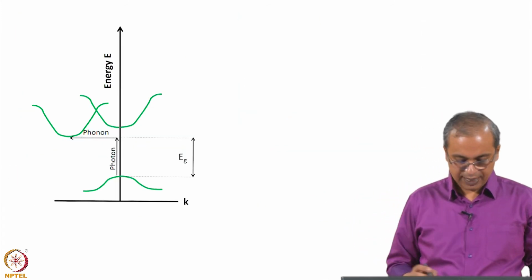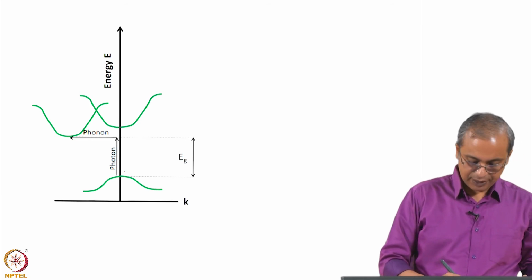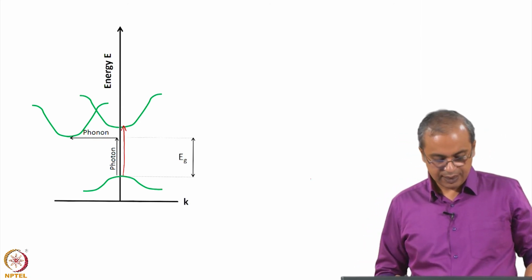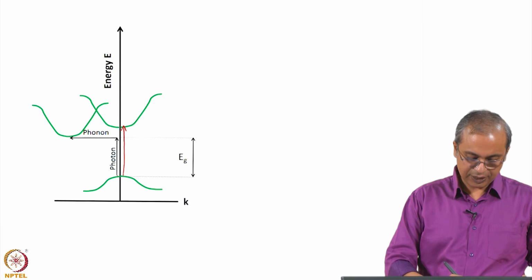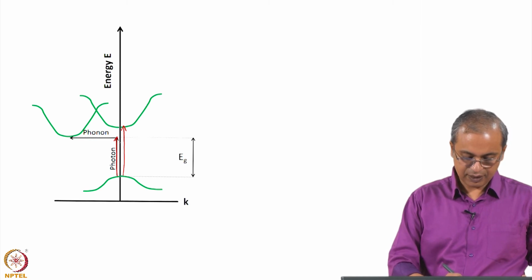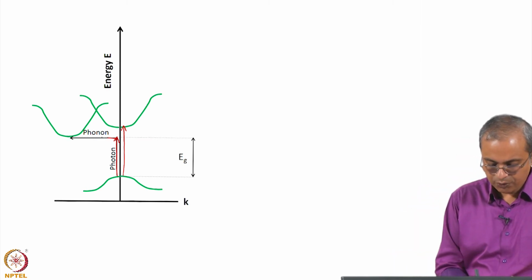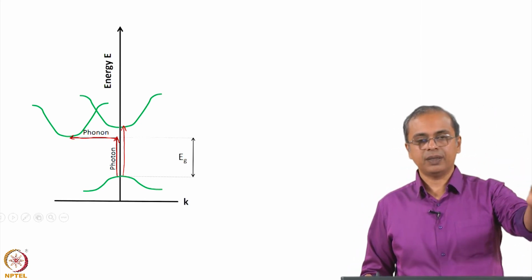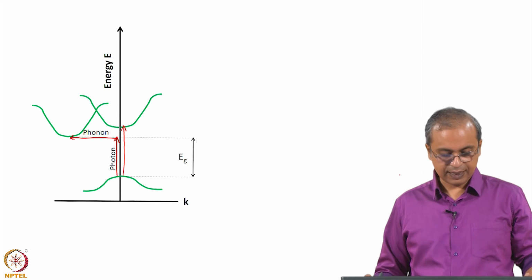If it were a direct band gap semiconductor, your electron would go straight from here to here if you put energy into it. But in an indirect band gap semiconductor you actually have to raise the energy level of the electron, and then you also have to move it to another location in the crystal structure for it to get absorbed into the conduction band.